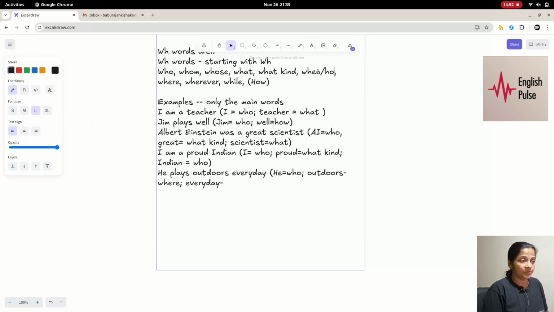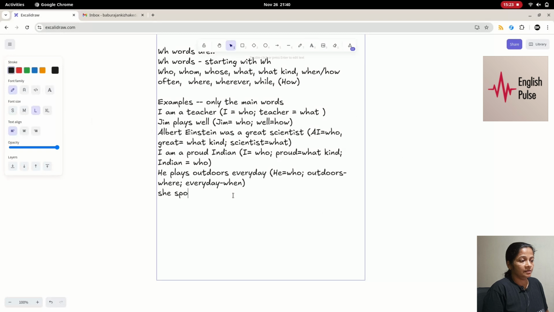For convenience I am putting how often here. Sometimes it is better to get the answer as how often. But again, when is also correct. Every day is when, or how often. So every day represents time. That is, the word corresponding to that is when. This is clear.